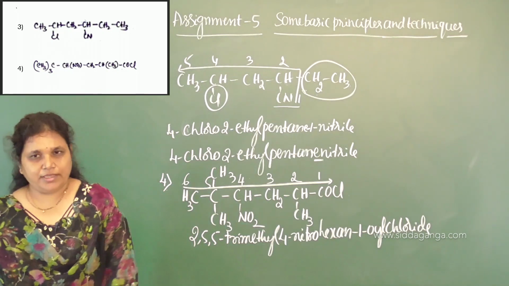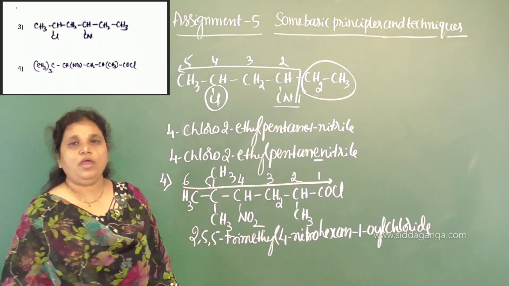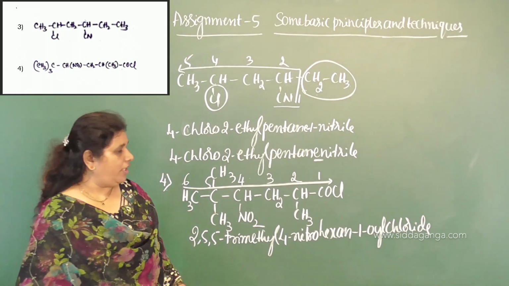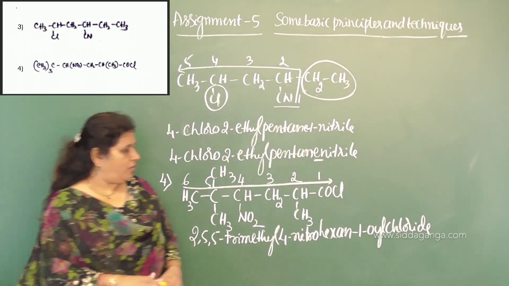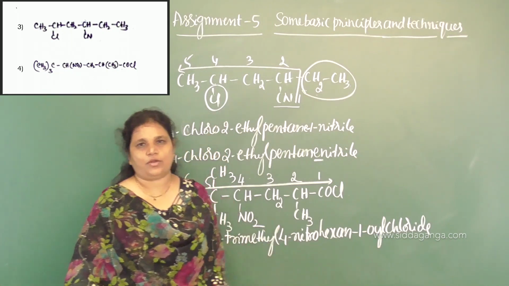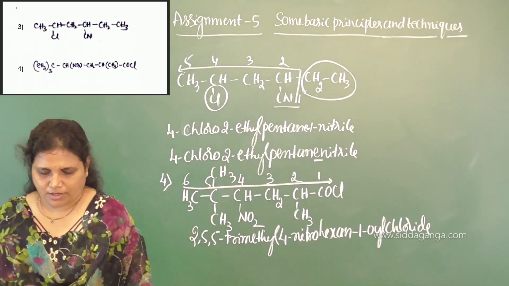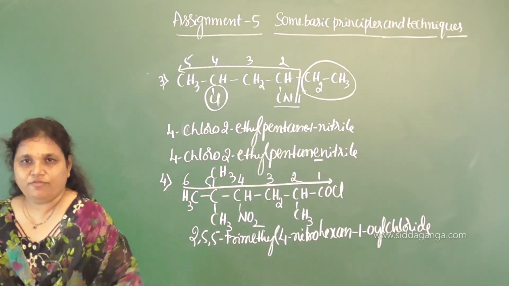Okay. Therefore, the name is 2,5,5-trimethyl-4-nitrohexane-1-oyl chloride. You can even ignore the locant 1 here, and write it as hexanoyl chloride. Now, move on to the fifth compound.